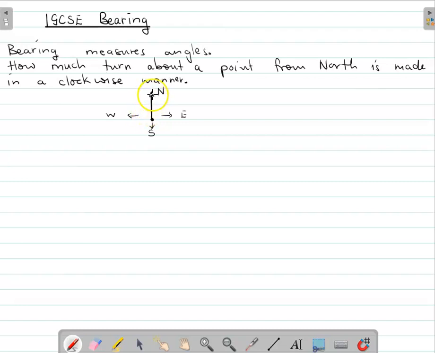The next thing you should understand is that north here is taken as your zero. Let's look at it this way. If I ask you to turn 90 degrees and walk 50 meters, someone facing north can turn 90 degrees west or east. Someone facing south can also go east or west.